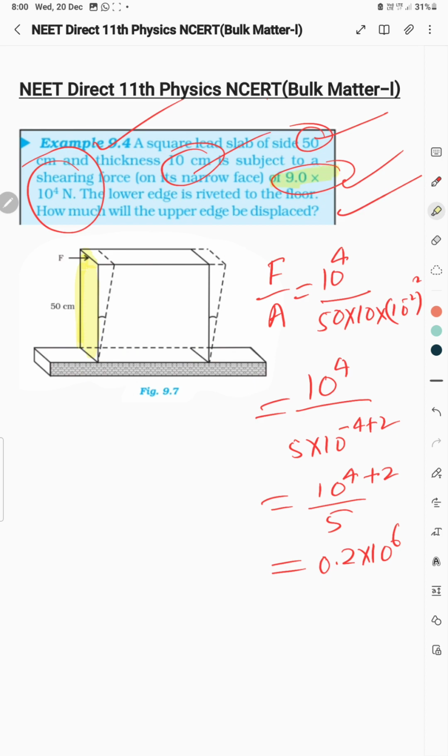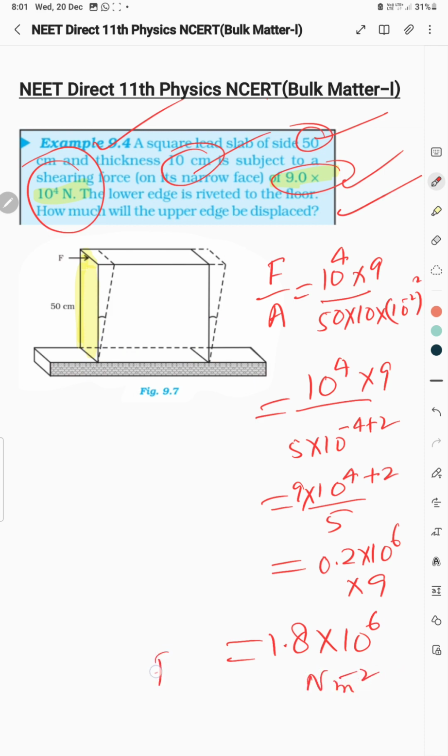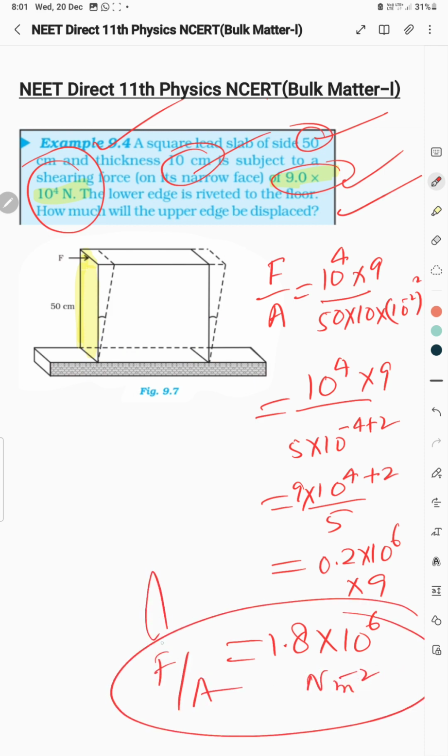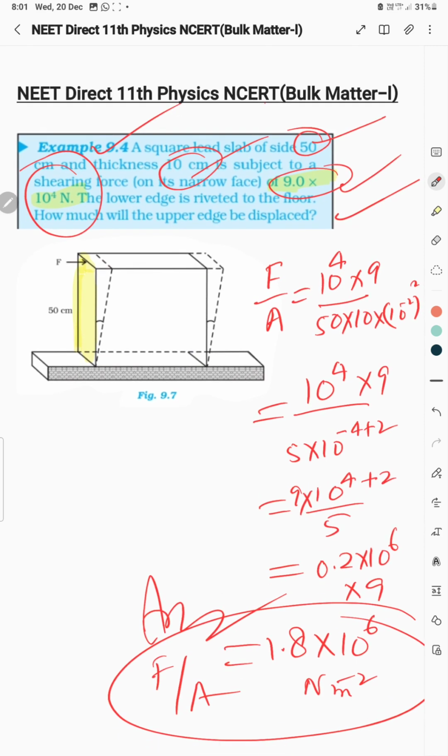Because the actual value was 9.0 into 10 power 4, so it has to be 9 here, 9 there, and of course 9 there. It's now 9 into 0.2, which is 1.8 10 power 6 Newton per meter square. So this is the answer to the first part of the problem, where you were supposed to find only the stress.